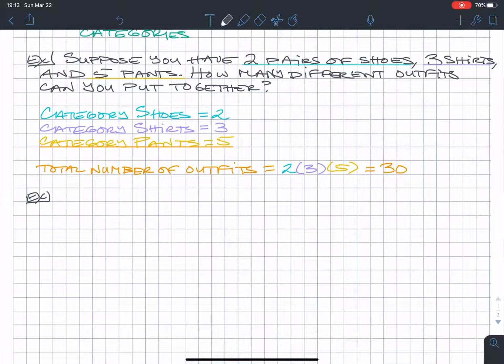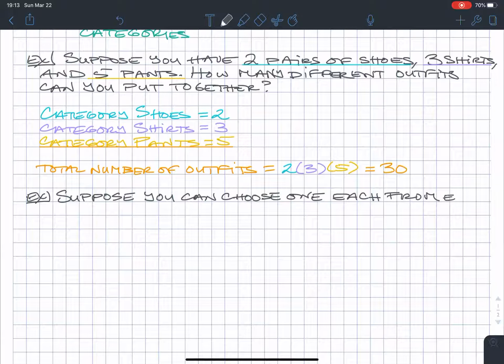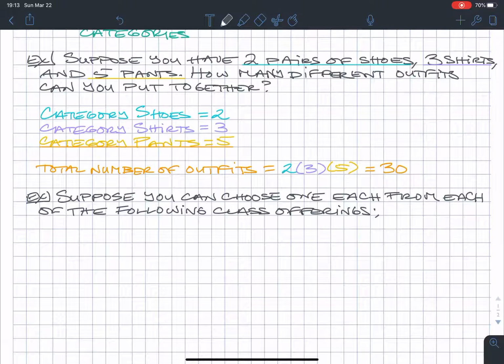Okay, so another example. Suppose you can choose one each from each of the following class offerings. So let's say we have 5 English classes.